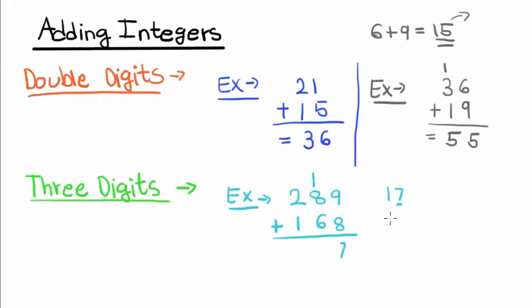Again, I realize that the units place is the 5, so I write down 5 underneath the 8, the 6, and the 1, and I carry over the 1 onto my next set of digits. And then finally, I add up 2, the 1, and the 1 together to give me 4. And so my answer is 457.